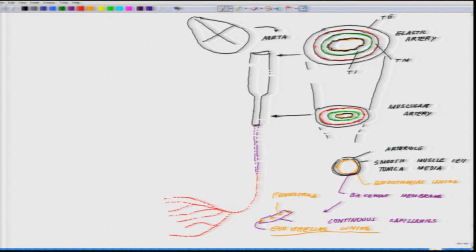If you recollect the picture I drew in the last class, in the lungs this is the kind of exchange, and in the other tissues the exchange is different. So, it is something like this. Okay. This is where the vessel is now narrowing down big time.